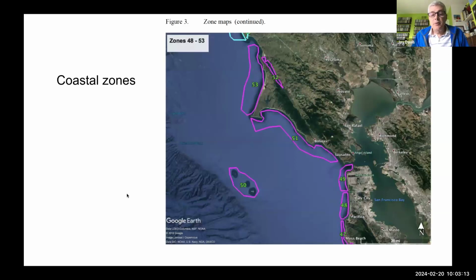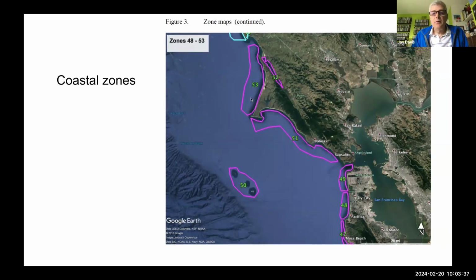And then on the coast, SWAMP has established about 70 coastal zones where we've basically divided up the coast into these units based on the amount of fishing activity and fishing piers, but covering the whole coast.